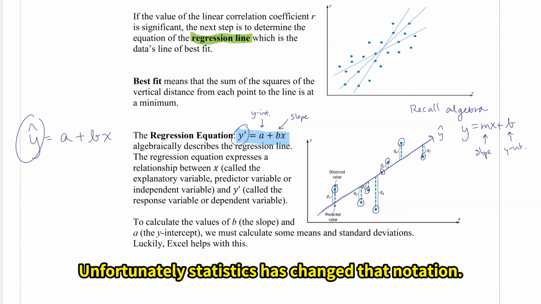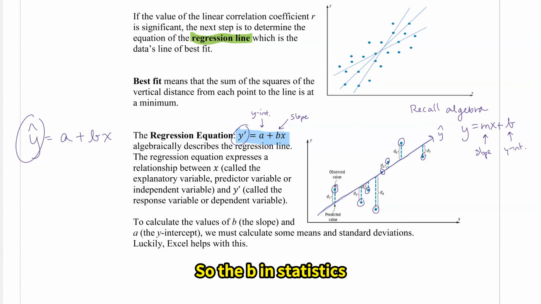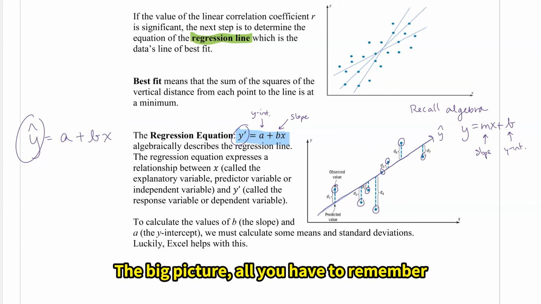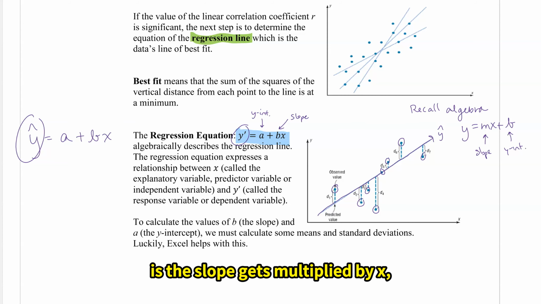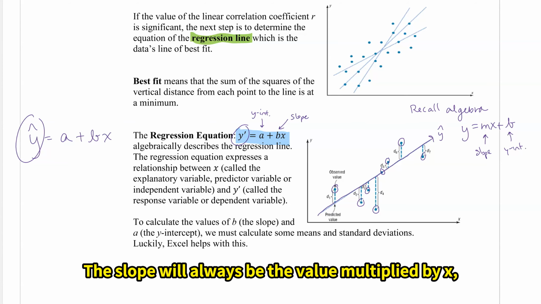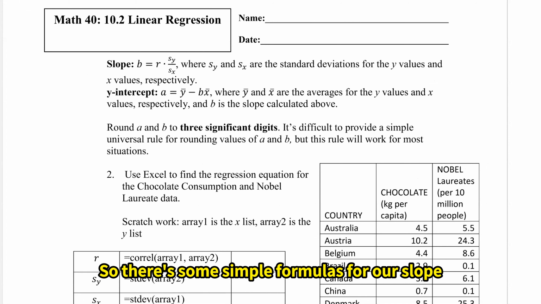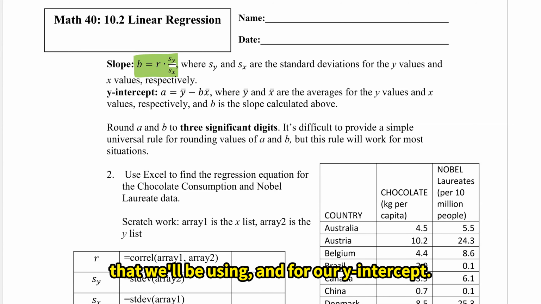Unfortunately, statistics has changed that notation, so the b in statistics means something different than the b in algebra. The big picture, all you have to remember is the slope gets multiplied by x, and the y-intercept is by itself. The slope will always be the value multiplied by x, and the y-intercept will always be by itself added to it. So there are some simple formulas for our slope and for our y-intercept.